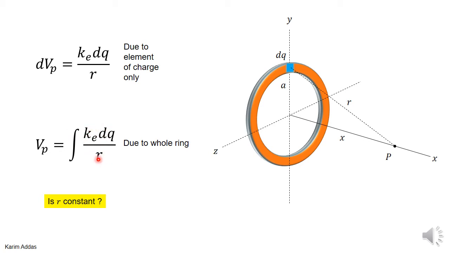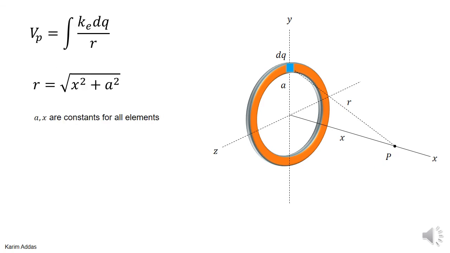Now, in this integration, is r constant or not? r is the distance between the element of charge and point P. If you think about it, r is just the square root of x squared plus a squared. Well, a is definitely a constant, and x is a constant for this particular problem because we're getting the potential at point P at a fixed distance from the origin. As you integrate over the ring, the distance x is the same, it doesn't change.